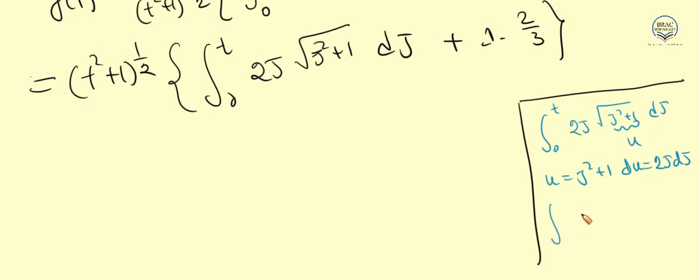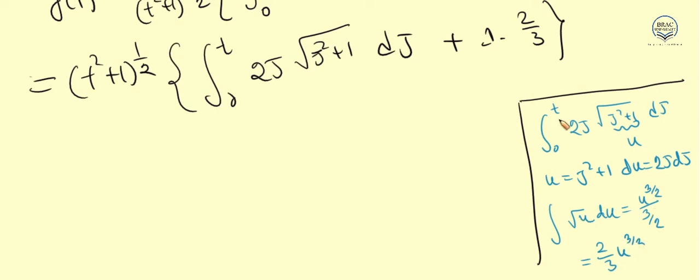So instead of integrating over tau, you can just ignore the limit points right now and replace u later with appropriate limits for t. So our integration is just square root of u du, which is u to the power 3/2 divided by 3/2, which simplifies to 2/3 u to the power 3/2.